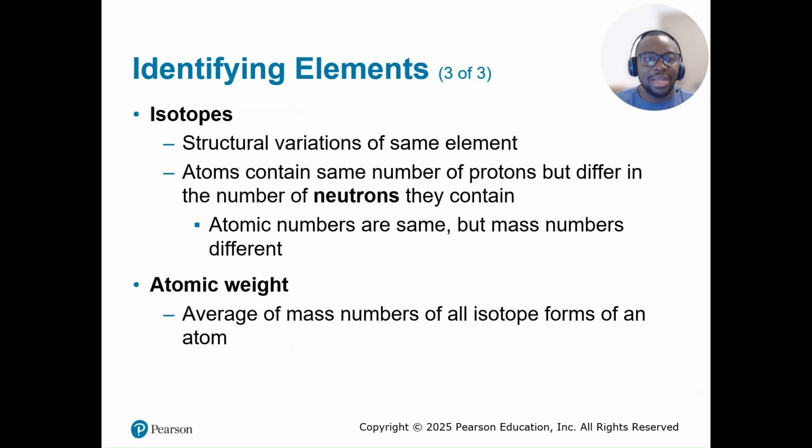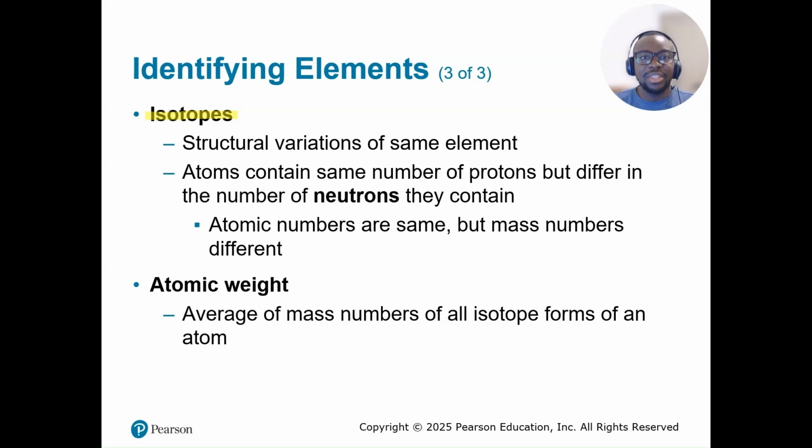Next, we look at isotopes. Elements in nature exist as mixtures of isotopes, which are structural variations of the same element. Isotopes are atoms of the same element with the same number of protons and electrons, but differ in the number of neutrons they contain. Because of the difference in the number of neutrons, isotopes have different mass numbers.